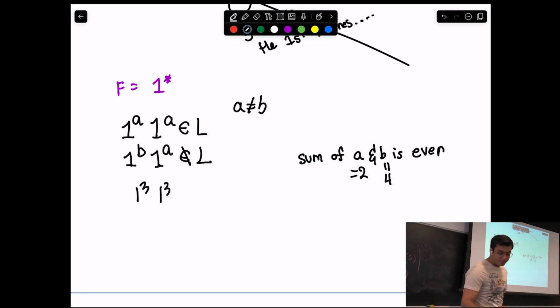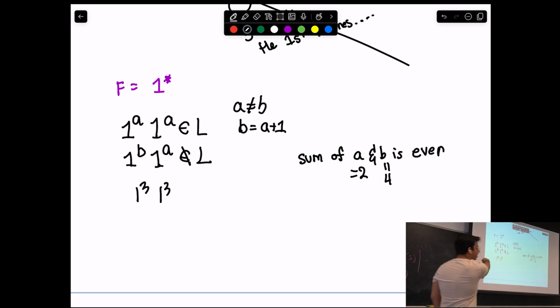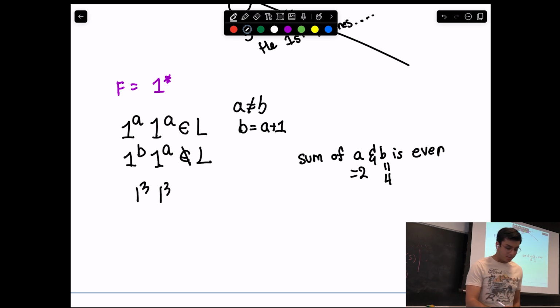So what if I strictly fix that b is equal to a plus 1? Now this sum will be odd, and I won't be able to split it, right? So I think this language is irregular.